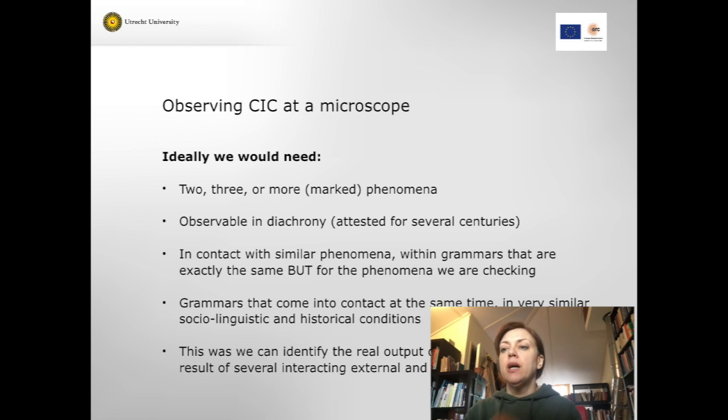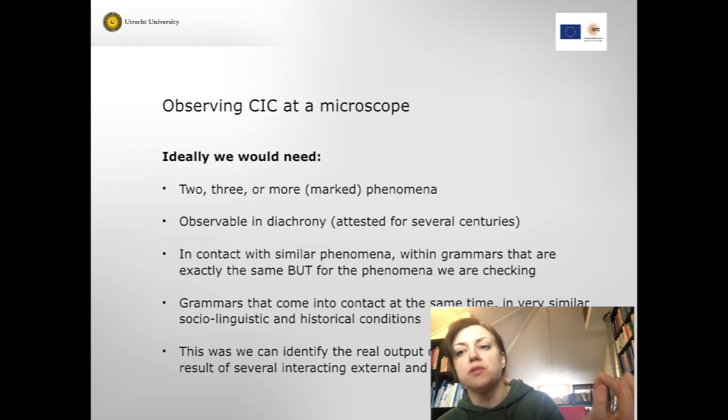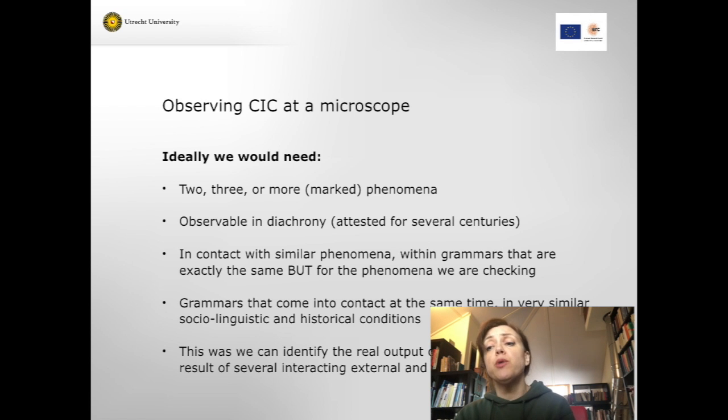Then you look at these phenomena in contact with similar phenomena, grammars that are exactly the same, but for this one detail on this phenomenon. And this way you can identify the output of microcontact.